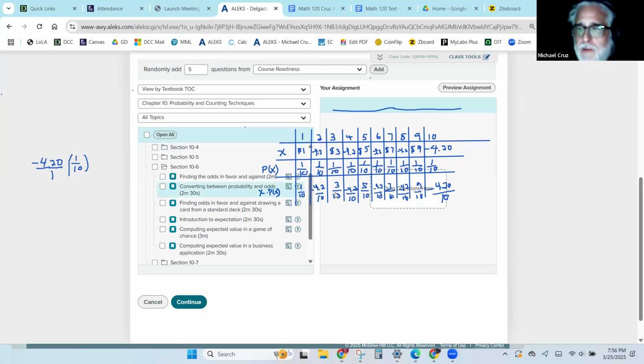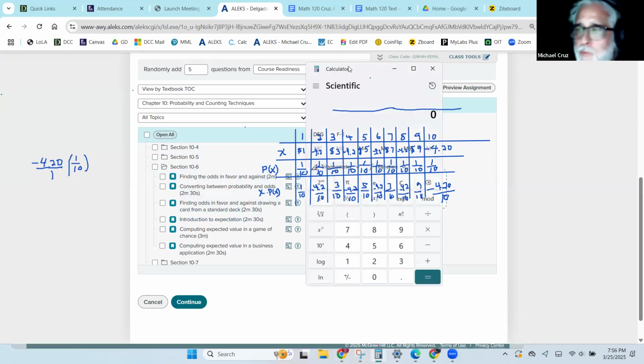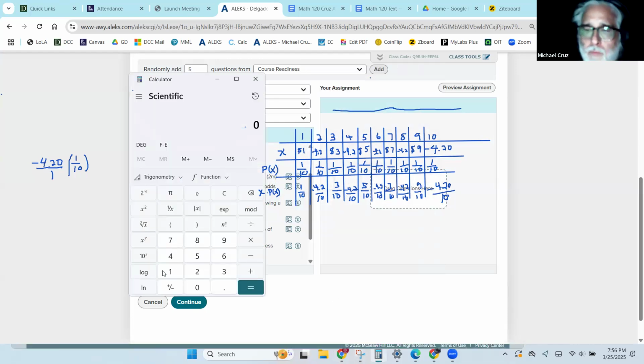All right. So all of the positive ones we've got 1, 3, 5, 7, 9. So we'll do it on the calculator real quick. 1 plus 3 plus 5 plus 7 plus 9.